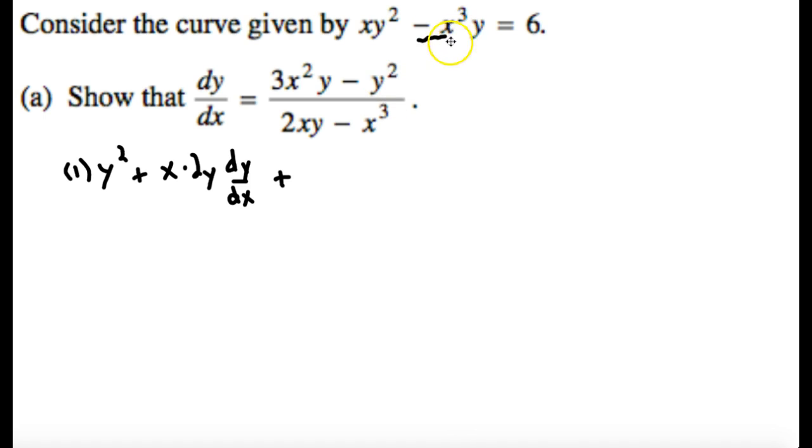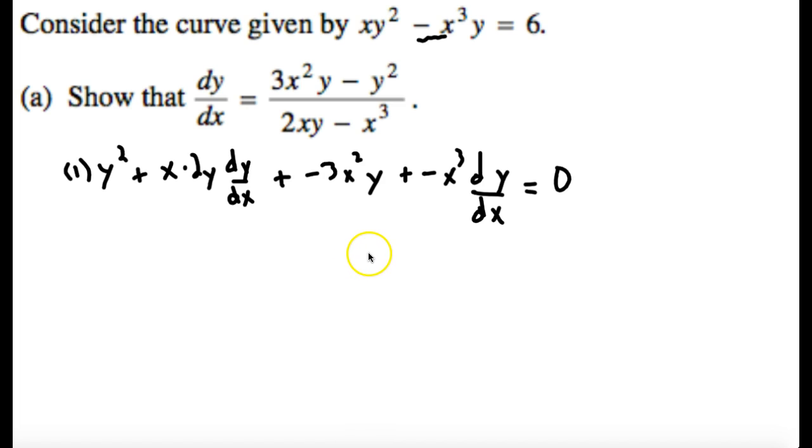So the first thing is the derivative of f, so negative 3x squared times y, then plus the first, which is negative x cubed times the derivative of the second, dy dx, equals the derivative of 6, which is 0.